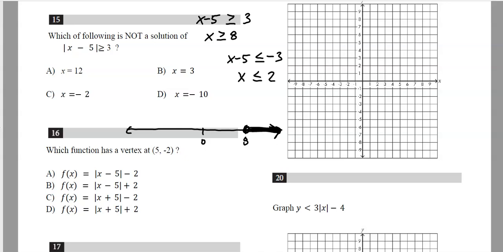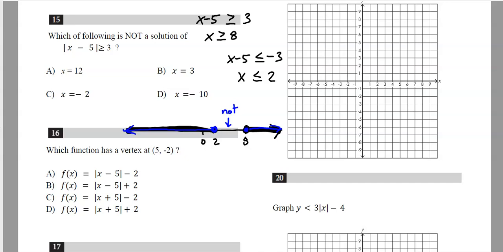I got to be less than or equal to 2. So right here. So if all the shaded area, maybe I should do that in blue. If all the shaded area are solutions, the area that's not a solution would be right inside here, which any number between 2 and 8.